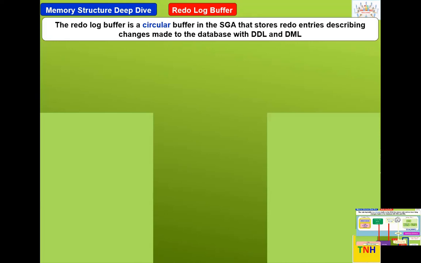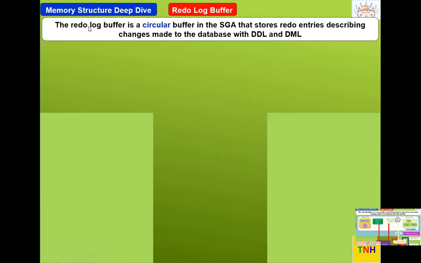Mainly, we have discussed the LRU algorithm, that is least recently used, which is valid for the shared pool and database buffer cache as well. Now we are talking about a new algorithm called circular buffer. That's the technique used by the redo log buffer.